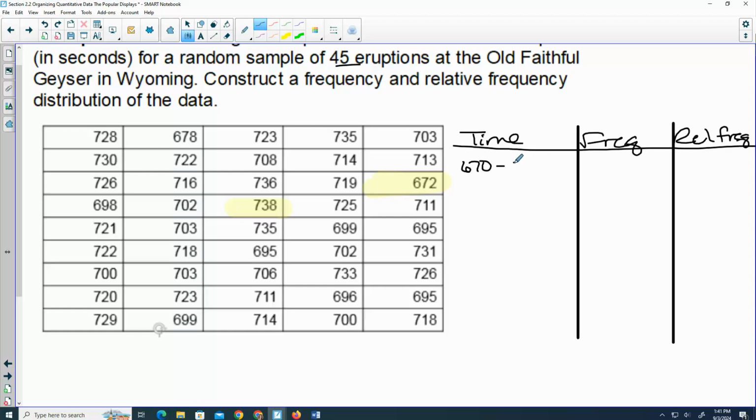So I don't want to say this is 670 to 680 and then the next one starts at 680 because then you wouldn't know where to put 680. So the first one has to stop at 679.